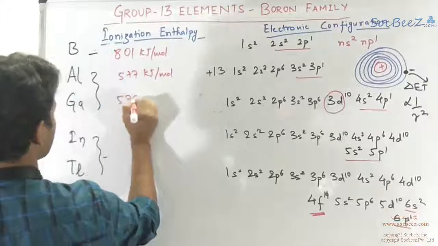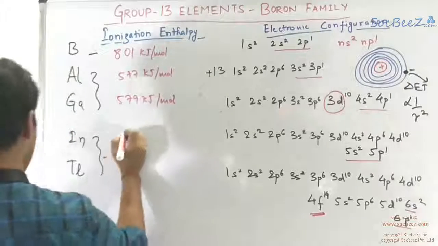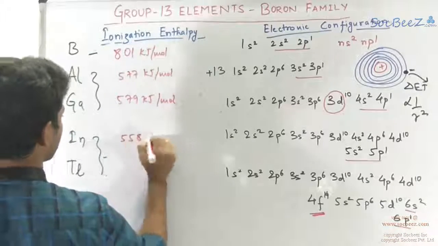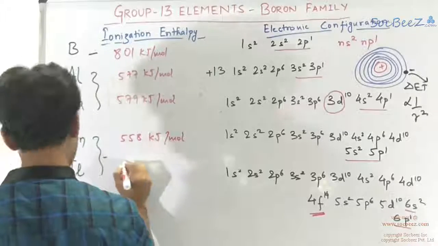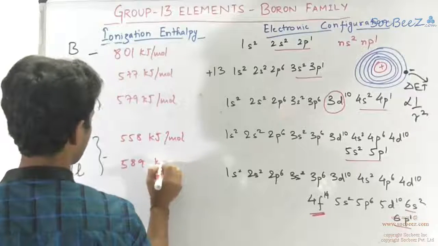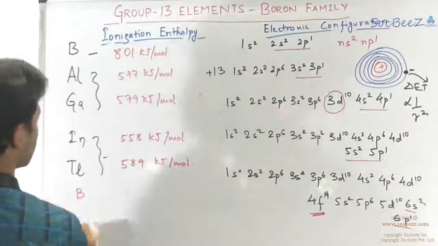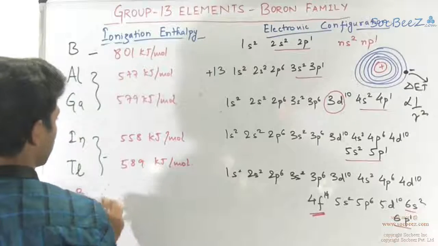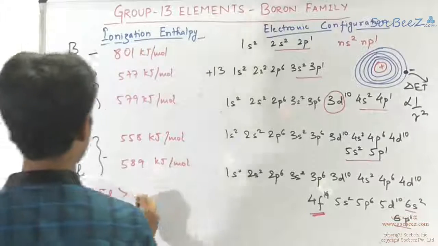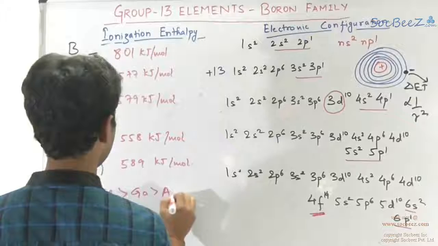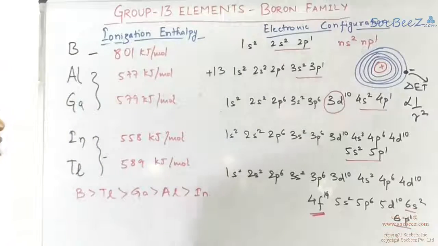For gallium, it is 579 kilojoule per mole. For indium, it is 558 kilojoule per mole. And for thallium, it is 589 kilojoule per mole. So boron is the maximum. Then it is thallium, then gallium, then aluminium, then indium. This is for the IE.